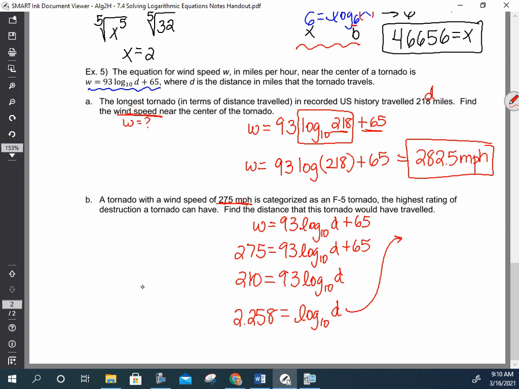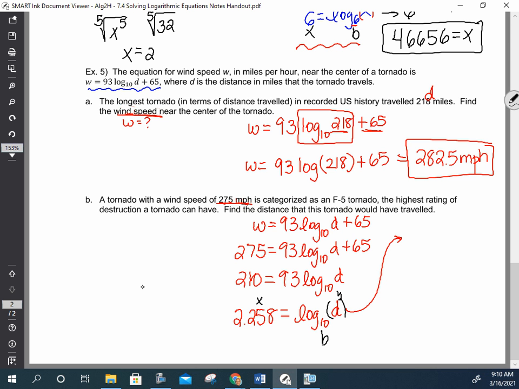So now that we have gotten to that part, we can do the rewrite. Once log is by itself, we can do the rewrite. So there's our d component. Remember, people, this isn't 10 to the d power. 10 is the base. D is the component for the y.